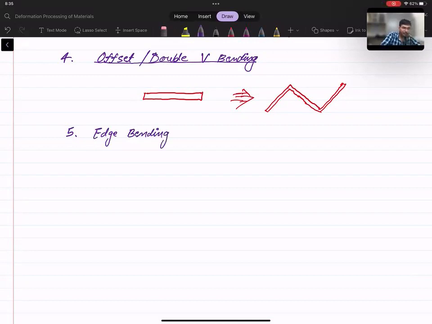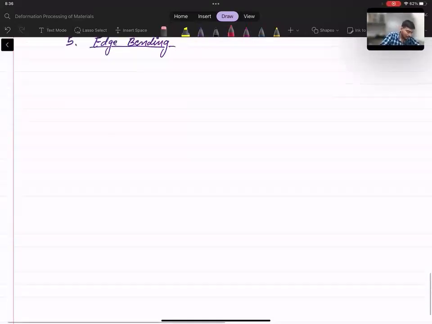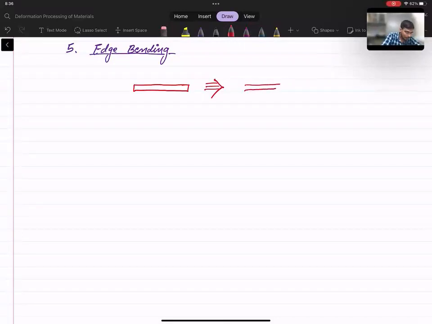Suppose we have the initial blank like this. Okay. So it is transformed into a shape like this.